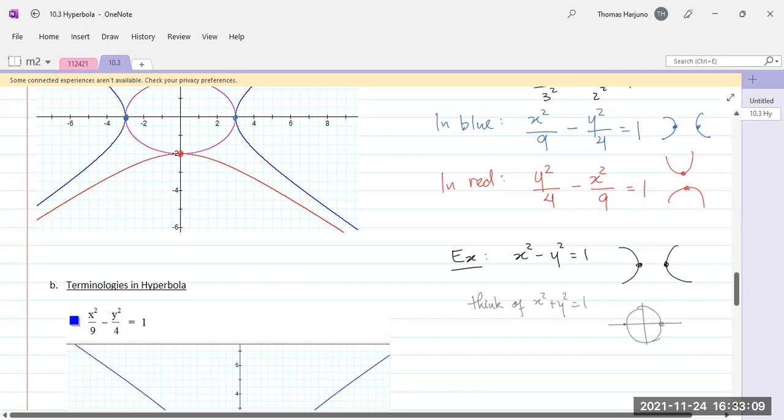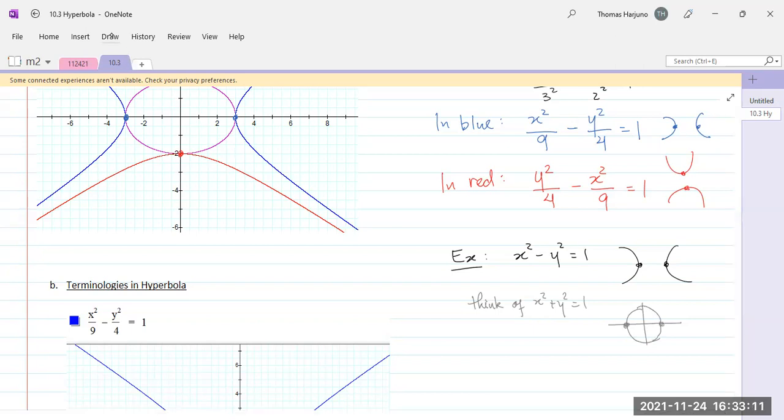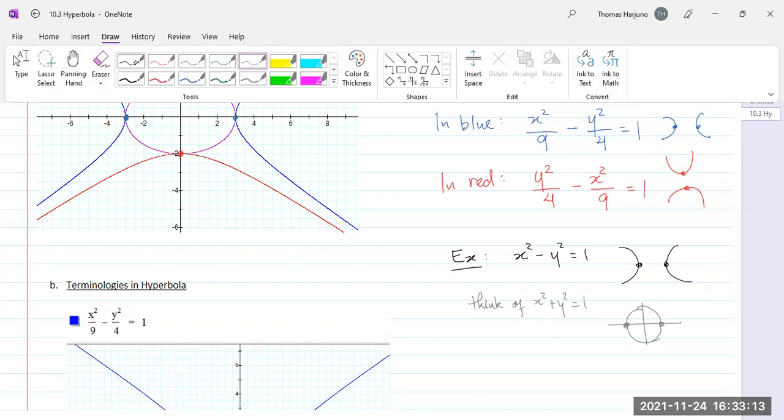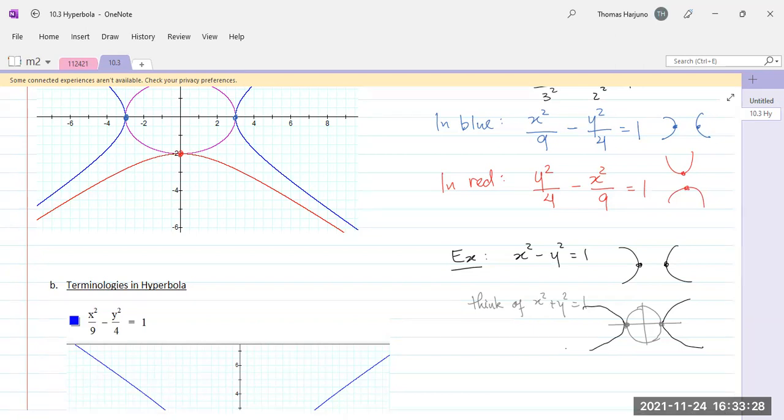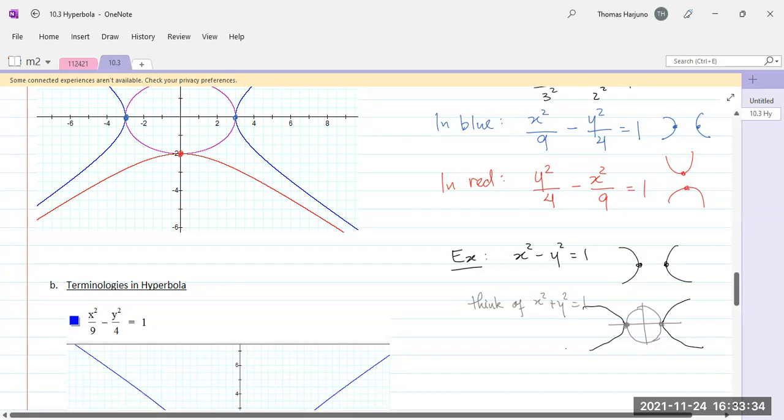Now because it opens left and right, the vertices of that hyperbola must be here, open left and open right. You see that? So not only do we know that it opens left and right, we also know the position of the vertices.